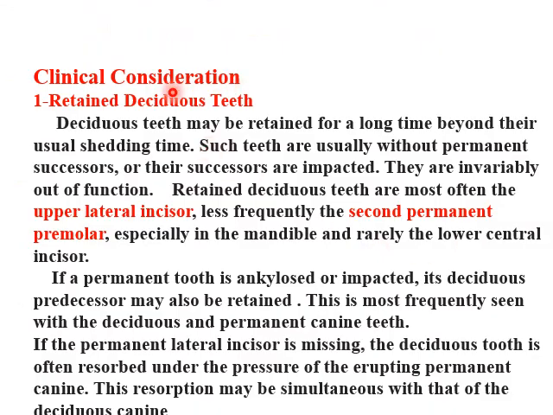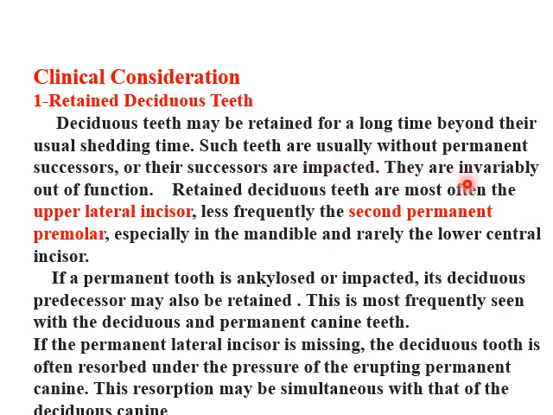Clinical consideration. First, retained deciduous teeth. Deciduous teeth may be retained for a long time beyond their usual shedding time. Such teeth are usually without a permanent successor, or their successor is impacted, maybe a congenitally missing successor, or the successor is impacted as seen in the impacted canine.